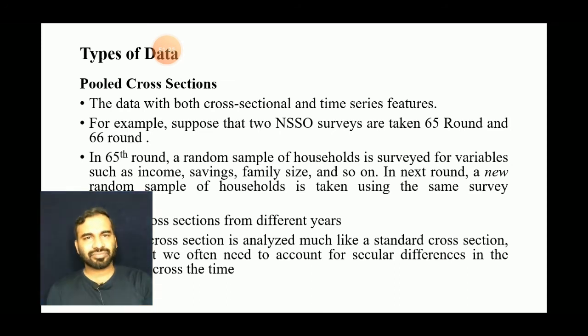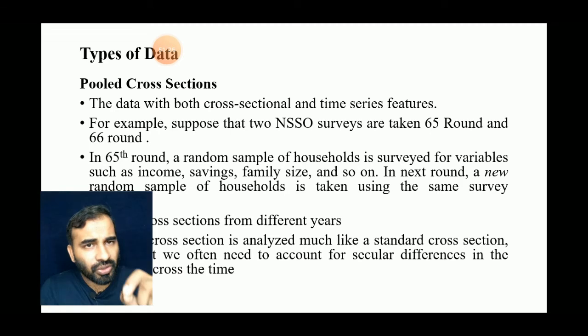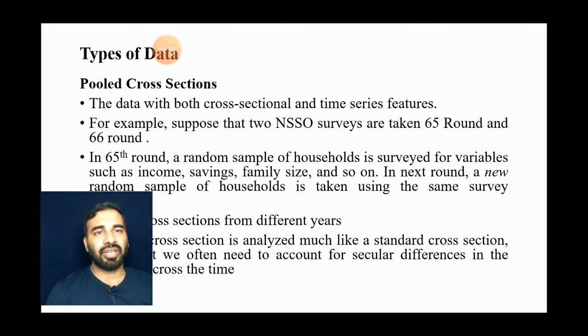The next thing is pooled cross sections. Cross section is pooled. What does it mean? It is data with both cross sectional and time series features. For example, you might be aware of NSSO's round surveys.